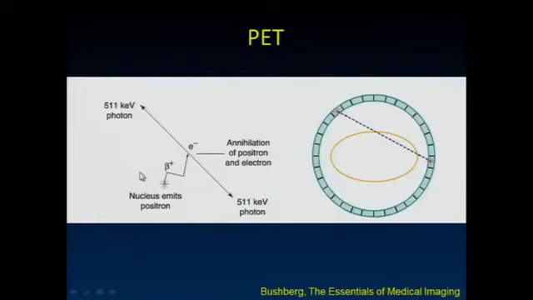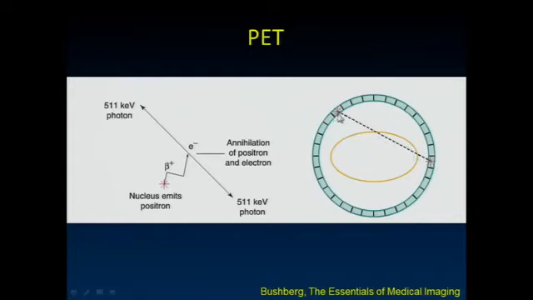So here's PET. Here we have that positron emitted. It ends up finding its way with an electron and the annihilation event occurs. And if I can detect this event here and this event here near simultaneously in time, I know that the place at which that event must have been emitted was along that line.